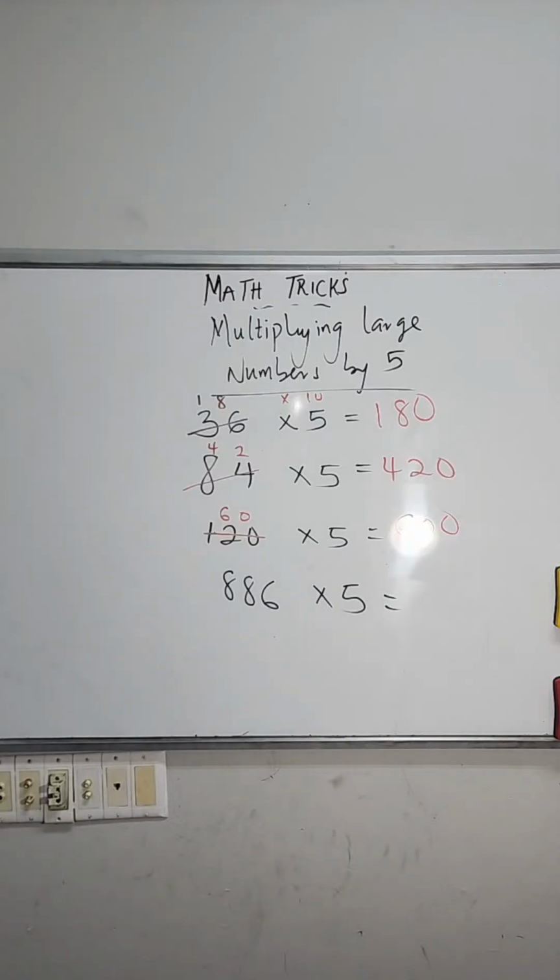Just think about it. So we have 886 multiplied by 5.